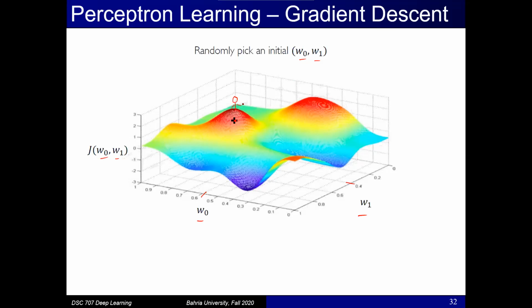Okay, so you are standing there on this point, and then what you have to do is look all around you. Your objective is to go down from this hill, or to go to a point which is as close as possible to the ground. So you will see 360 degrees around you and say, which is the direction which is the steepest?